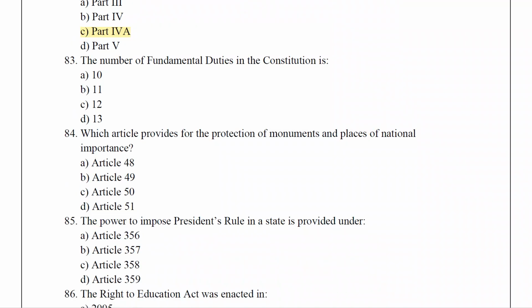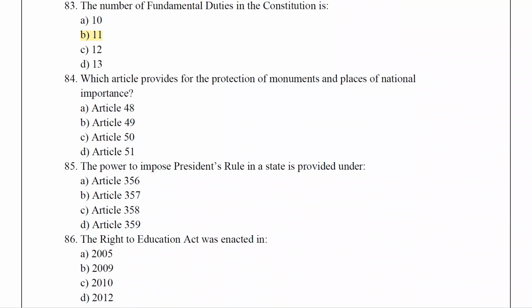The number of fundamental duties in the Constitution is 11. Which article provides for the protection of monuments and places of national importance? The answer is Article 49.